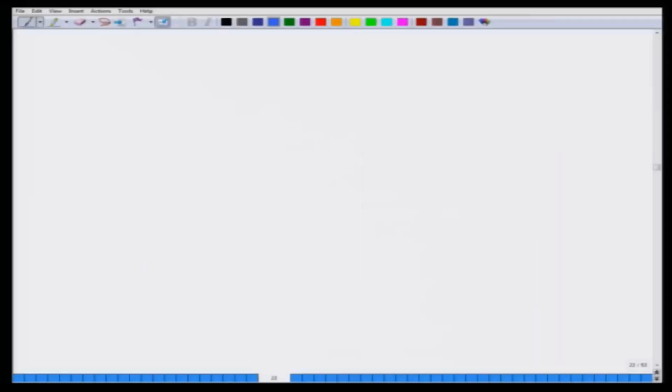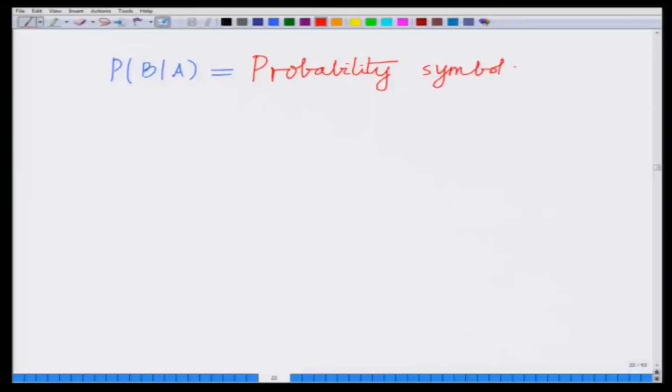What is the probability of B given A? The probability of B given A is equal to the probability that the symbol equals alpha given A, that is, the symbol equals -3 alpha or alpha.